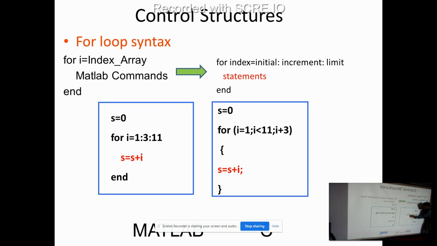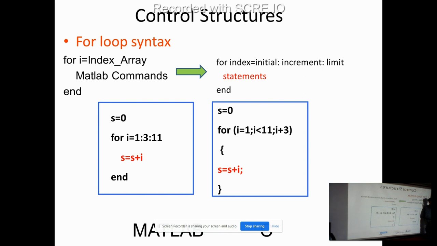If two colons are used and some number is inserted between them, that number is added. So 1, next 3 is added means 4, next 3 is added means 7, next 3 is added means 10, next 3 is added means 13, which is out of limit, so it won't be considered. So 1, 4, 7, 10; 13 will not be considered.